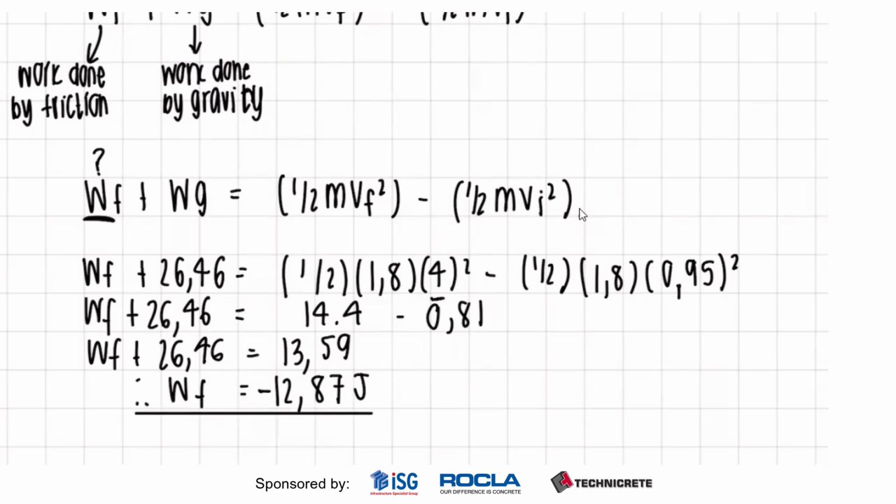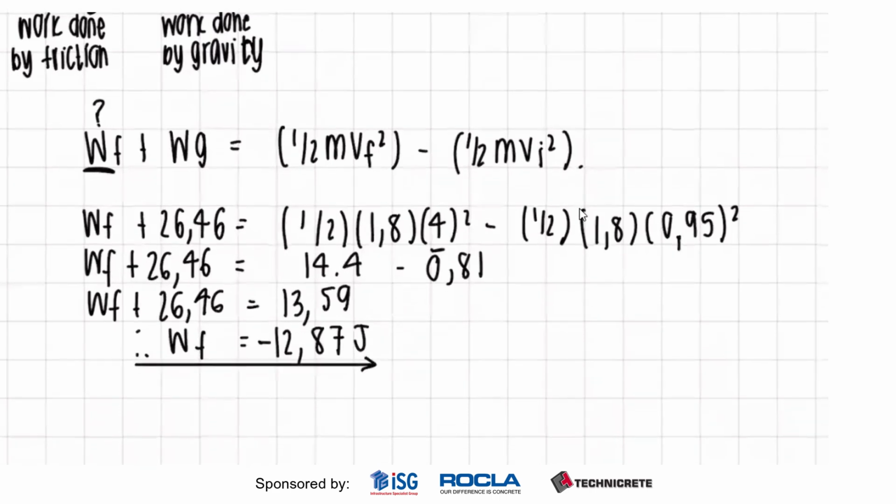You may be wondering why there is a negative. How can we have negative work? It is negative because it's the work done by friction, and friction is always acting against the motion, so it's technically like doing negative work.